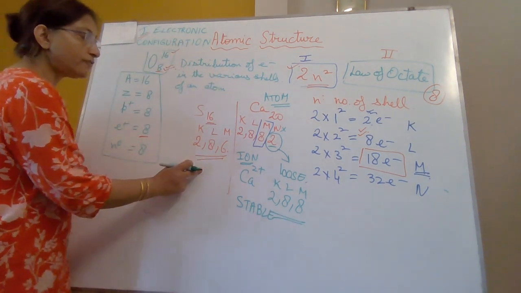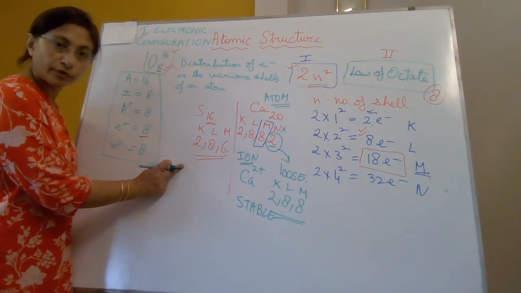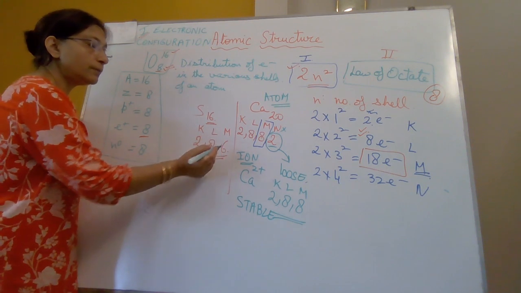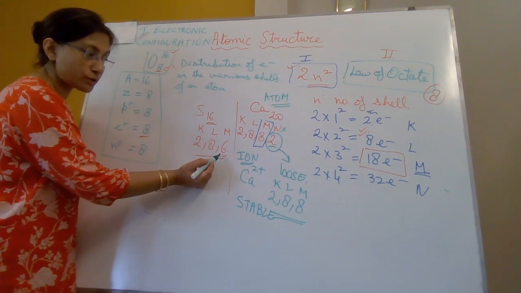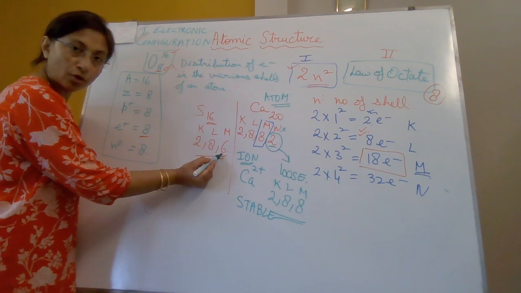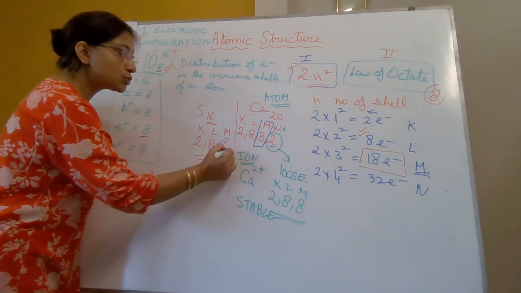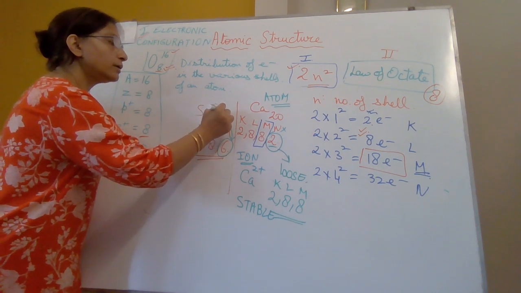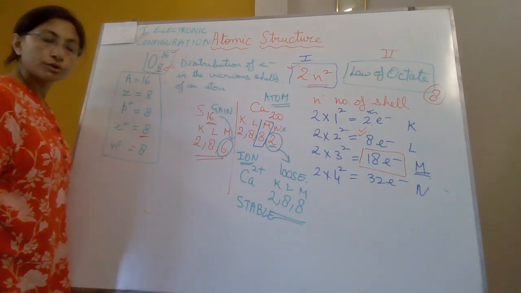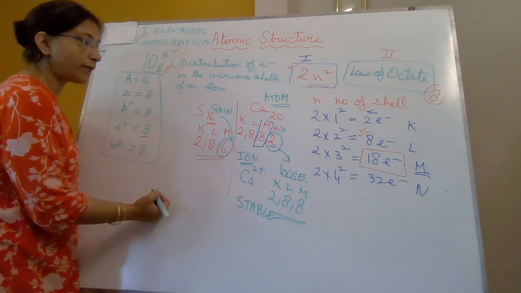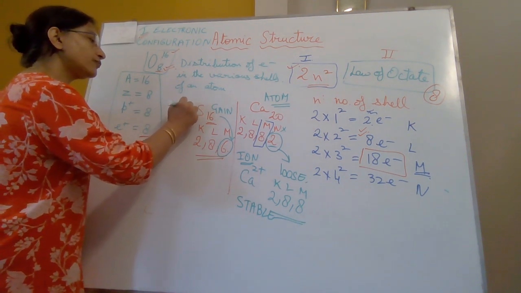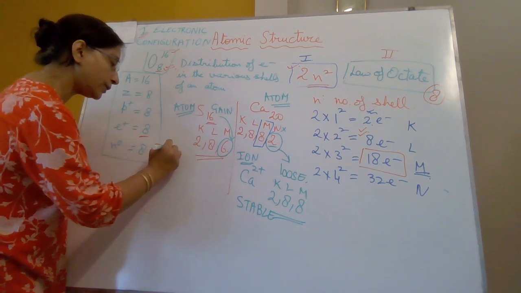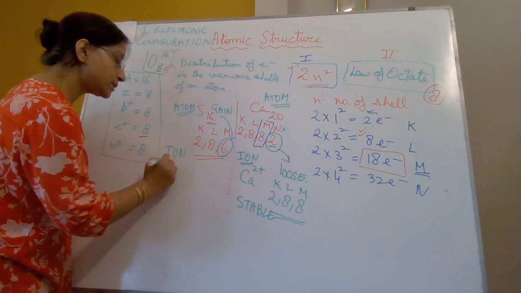Right? Now let us have a look at sulfur. How is this sulfur going to complete its octet? Here, this sulfur is short of 2 electrons. 6 electrons are already here, so it is going to gain 2 electrons, and by gaining 2 electrons, this sulfur atom will become an ion, right?